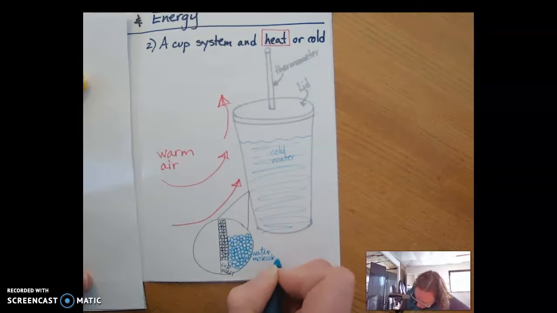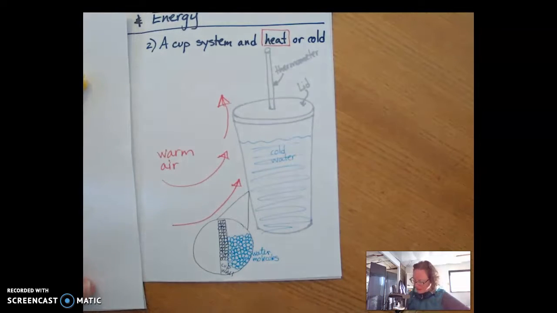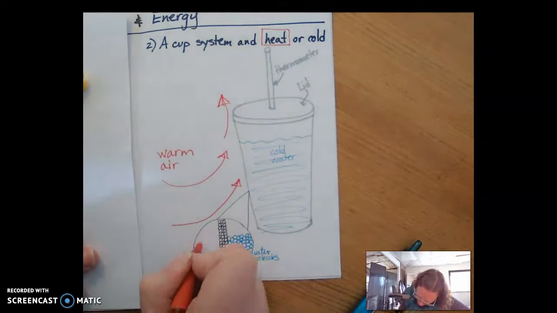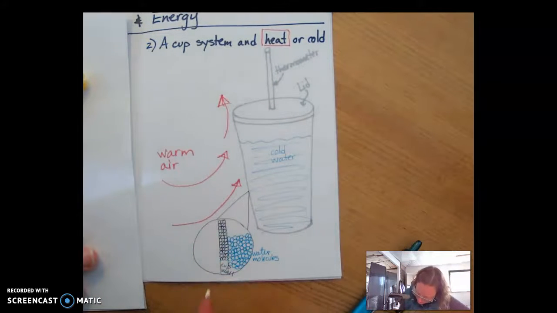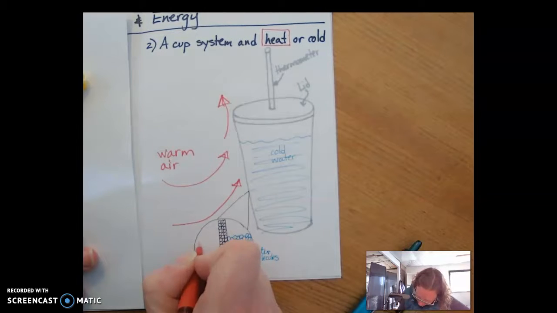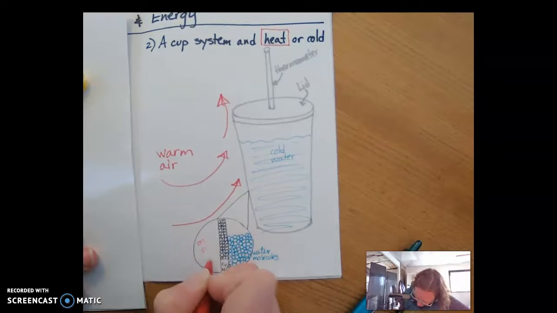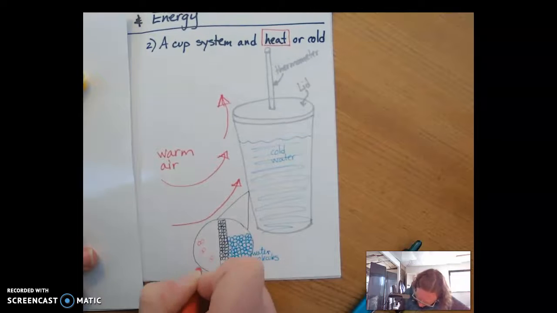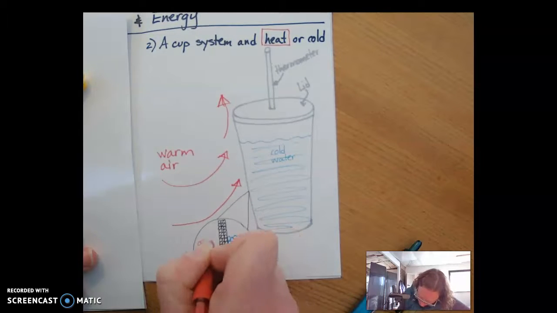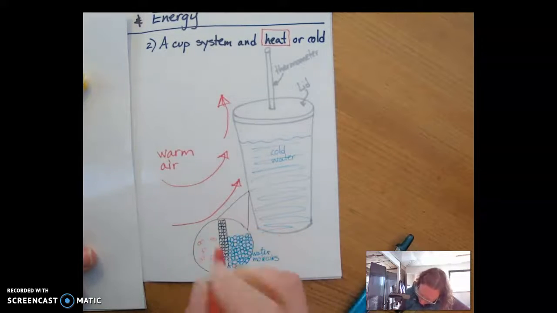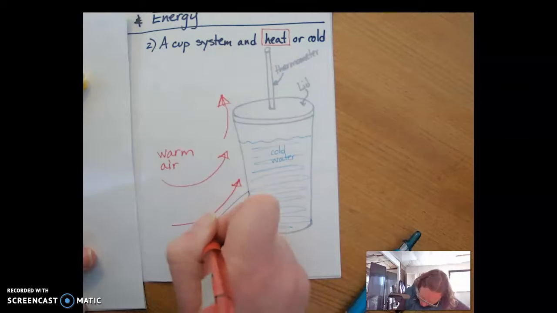Molecules. Okay. And then outside of our container, we have warm air. So maybe we'll illustrate those with, and air again is a generic non-scientific term for gas. So we have gas molecules, and depending on what they are, they're usually two atoms bonded together, and they're zooming around.